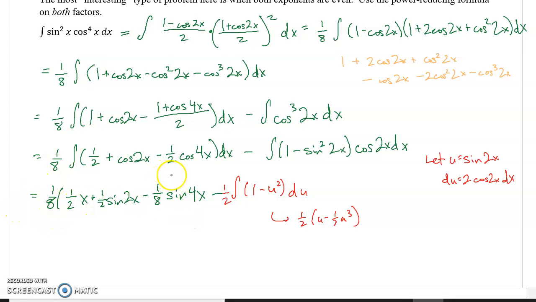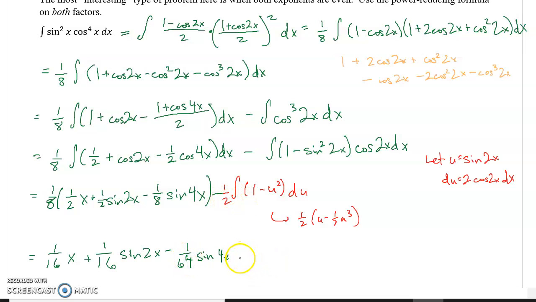We should probably close that parentheses. I don't feel the need to keep the 1/8 factored out of all of this if it's not also going to be factored out of that. So I'll go ahead and distribute this 1/8. So we get 1 over 16 x plus 1 over 16 sine of 2x minus 1 over 64 sine of 4x.